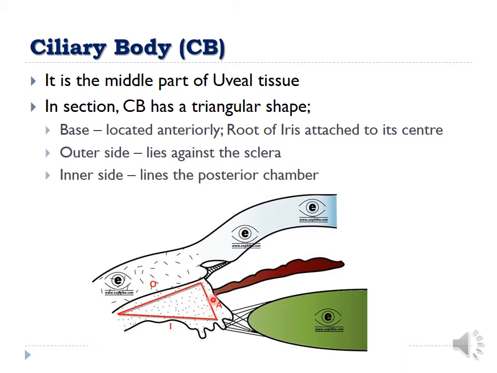The base is towards the anterior, the flat side is towards the sclera, and this side is pointing towards the posterior chamber. This is the posterior chamber. So remember that a section of the ciliary body gives a triangular shape, and this is the root of the iris, where the iris is attached.